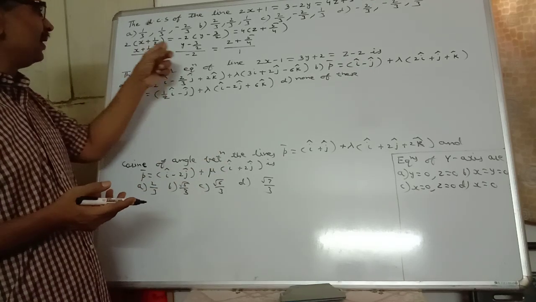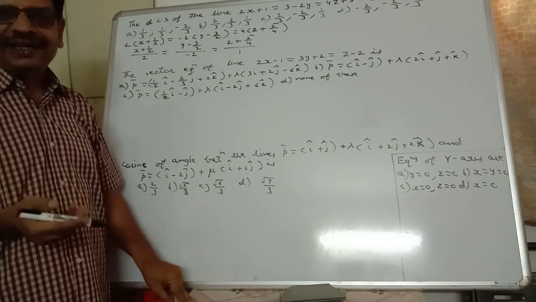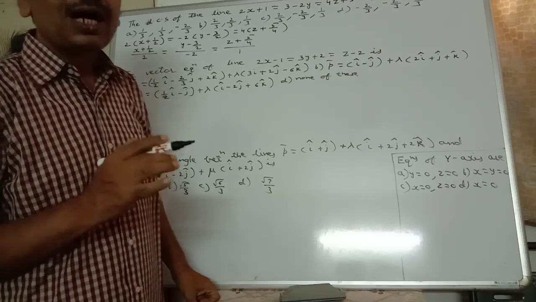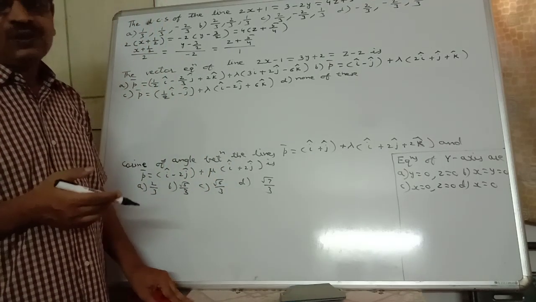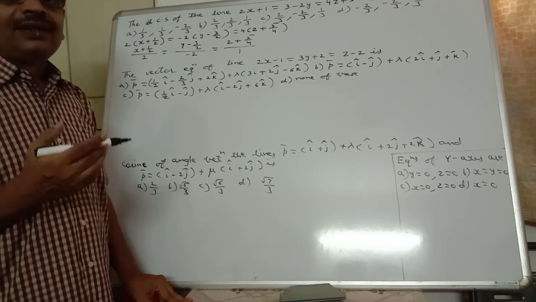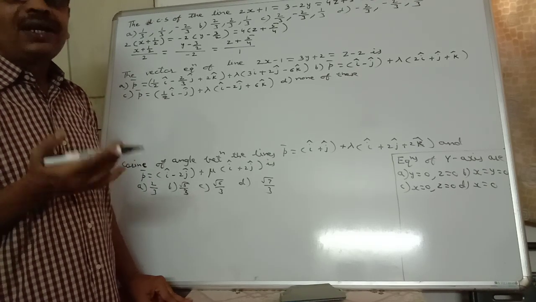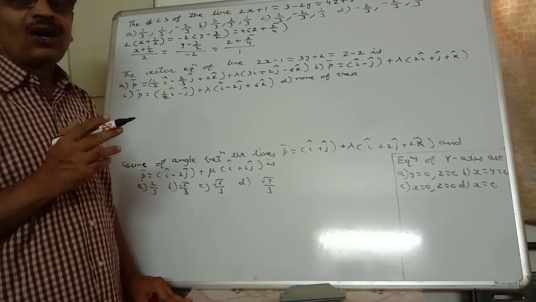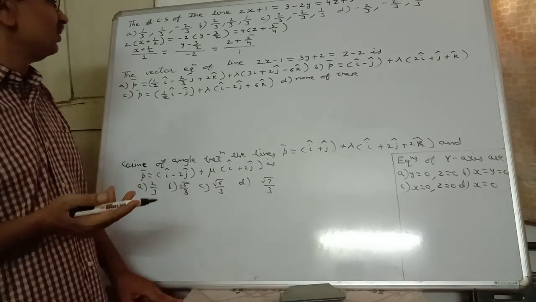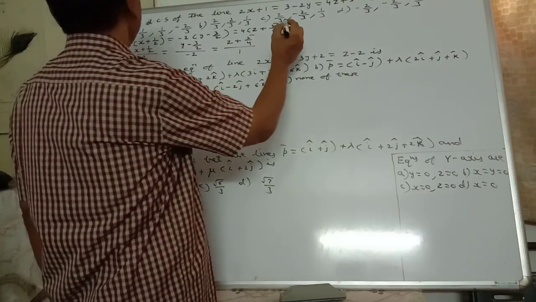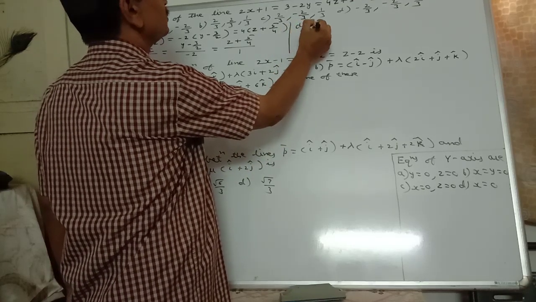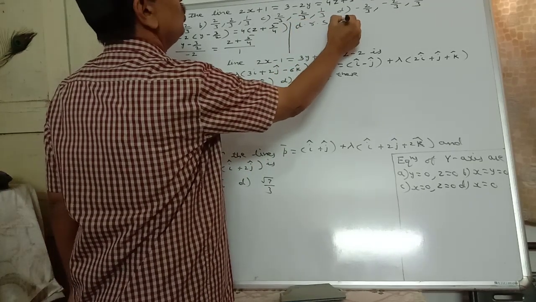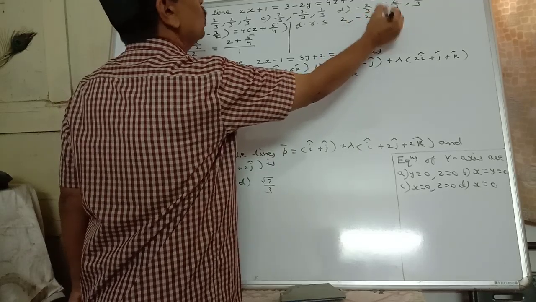Here the numbers in the denominator are not direction cosines, because the sum of squares of direction cosines is equal to 1. So a direction cosine may be equal to 1 or less than 1. It cannot be greater than 1. So these are the direction ratios: 2, minus 2, 1.